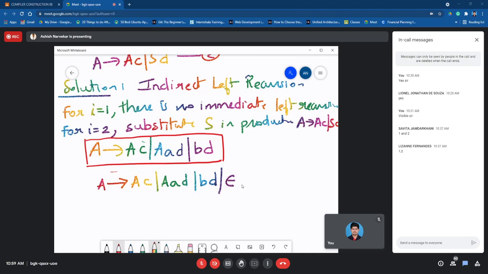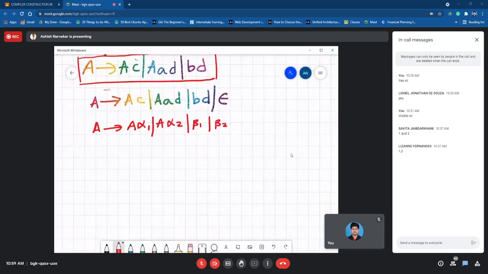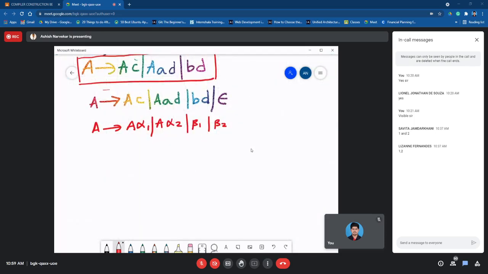So by doing this, we write it in the form A derives A alpha 1 or A alpha 2 or beta 1 or beta 2. Okay, so we have written it in this particular form. So at this point, we can write the general form for the non left recursive version of this production that we have.